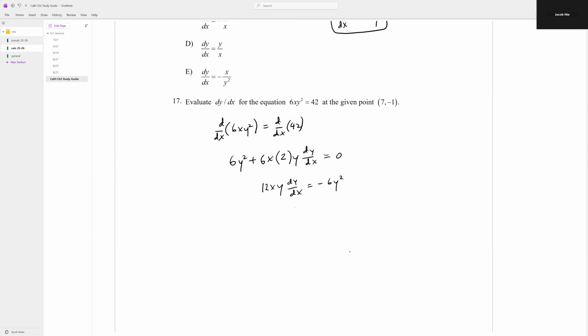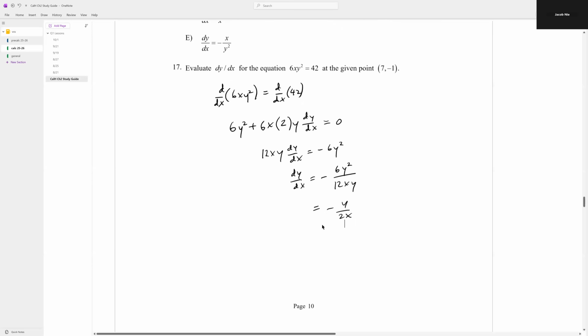Divide both sides by 12xy, and I have negative 6y squared over 12xy, which is also equal to negative y over 2x, if you cancel out the terms that are shared by the numerator and the denominator.